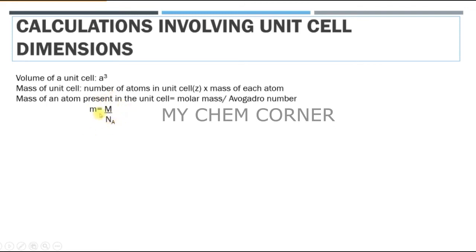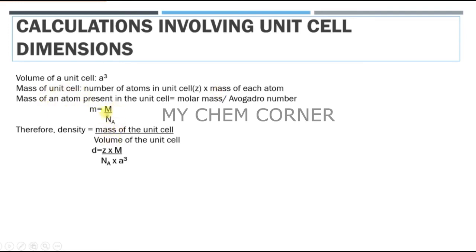Now from this, when we try to write the formula of density, the general formula for density is mass by volume. So mass of the unit cell is given here: number of atoms in a unit cell, which is given as Z, into mass of each atom. Mass of each atom is given here, which is capital M by Na.